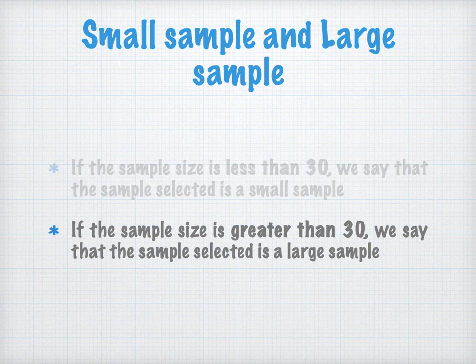If the sample size is greater than 30, say n is 50, 35, 40, or a larger value like n equal to 500, we say it is a large sample. And if the sample size is less than 30, that is any value less than 30, we say such a sample is called a small sample.